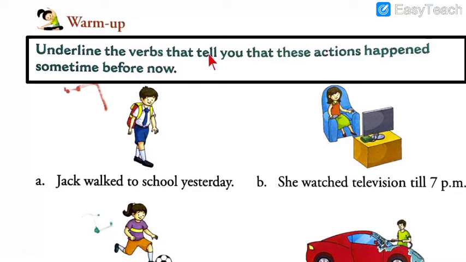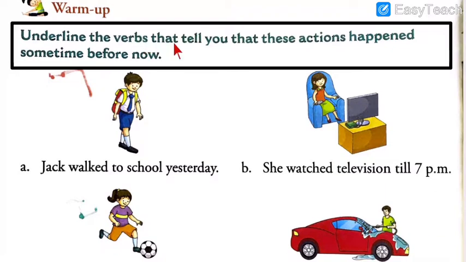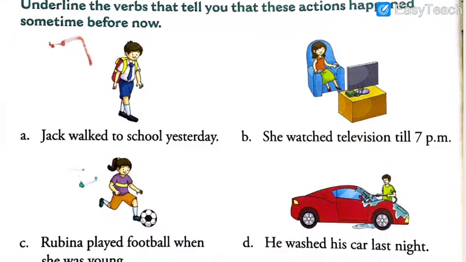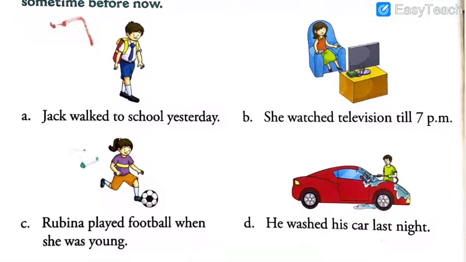Underline the verbs that tell you that these actions happened sometime before now. Means what? You just have to find the verb which tells you that this action happened not now but before now, or before today, or before a year. So let us see which actions indicate this.